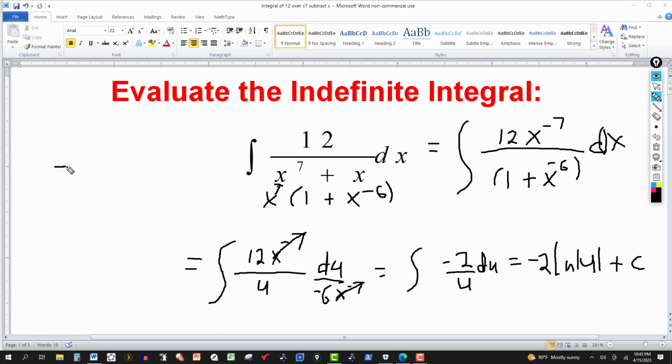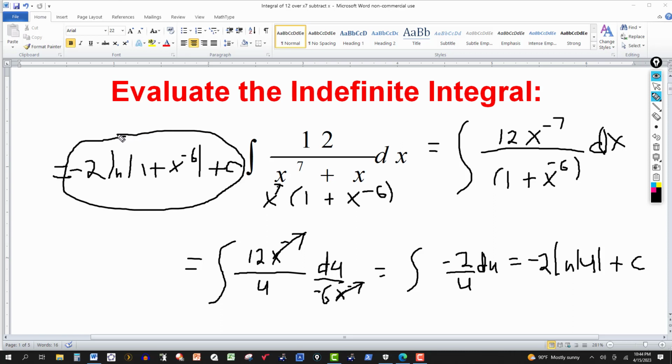Then we continue over here. All we have to do now is go back to the original variable. So we got negative 2 natural log of u, but u is 1 plus x to the negative 6, plus the constant.